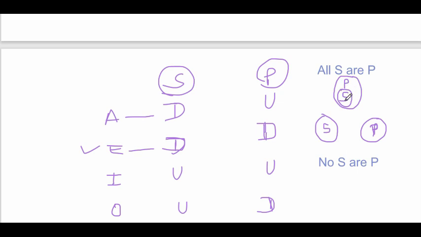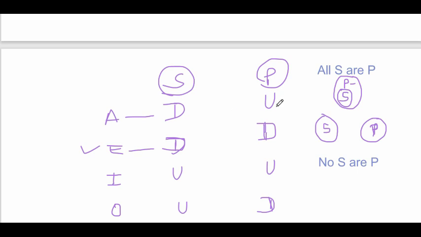Otherwise, when it is undistributed, it means that some part of the P is also in the S. Of course, we can see that. But no part of the S, that is all part of the S, is outside P. You can see here, all part of the S is in P, and some part of the P is outside of S, and some part of the P is inside S. So that is why it is distributed and undistributed.